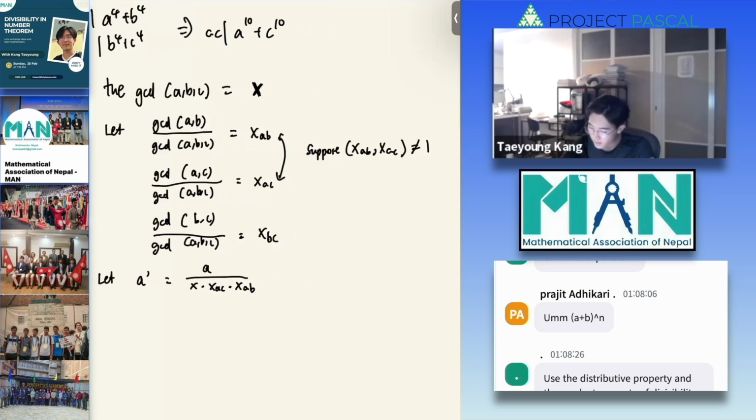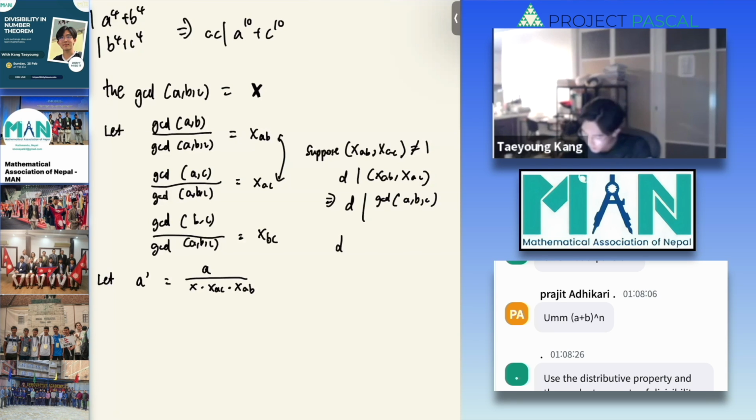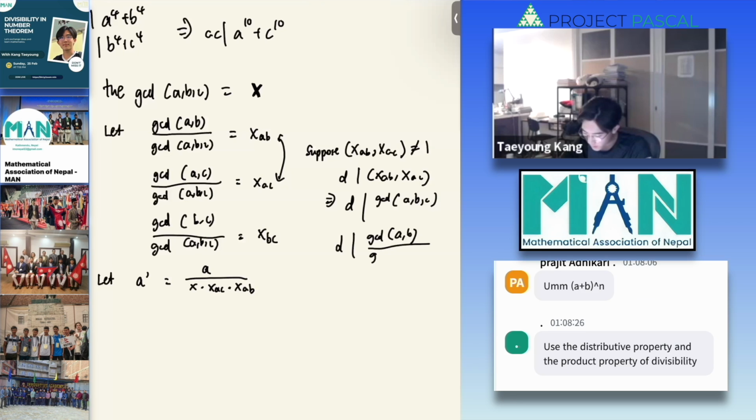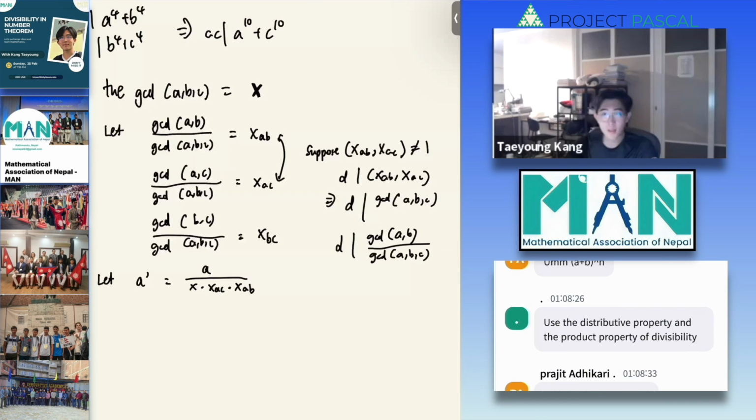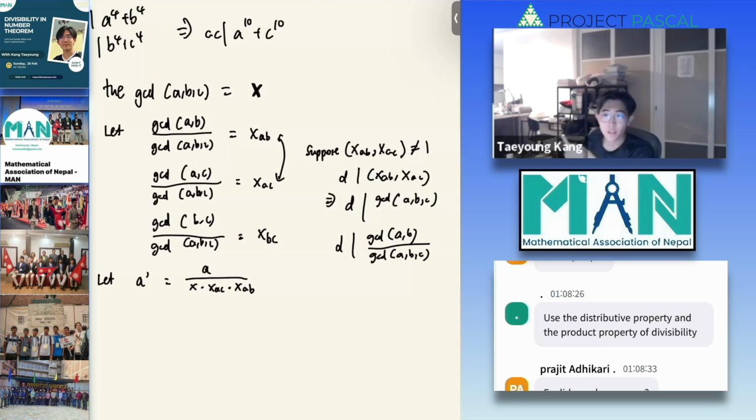There's some divisor D that divides their greatest common factor, which means that D divides the GCD of A, B, C. But that cannot make sense, since D divides the GCD of AB divided by the GCD of ABC, since the GCD of ABC in the denominator should have divided out all possible greatest common factors, right?